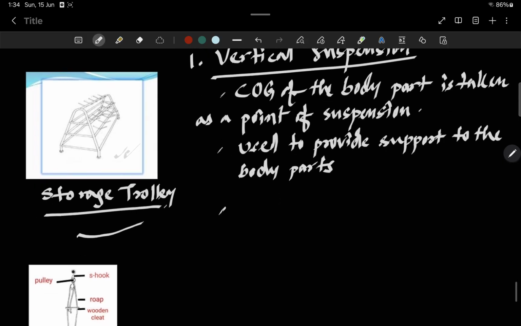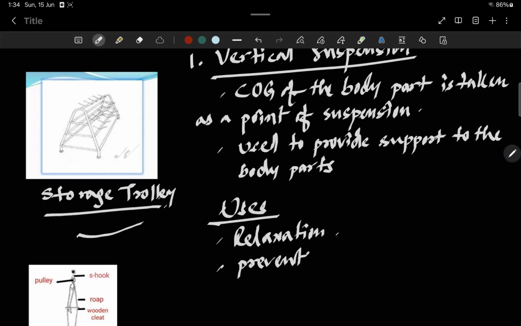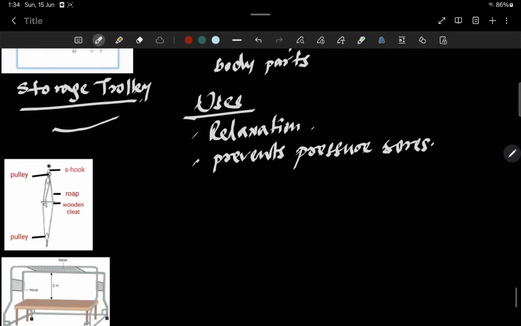Next one is the uses of particle suspension. It promotes relaxation. It prevents pressure sores. Okay.